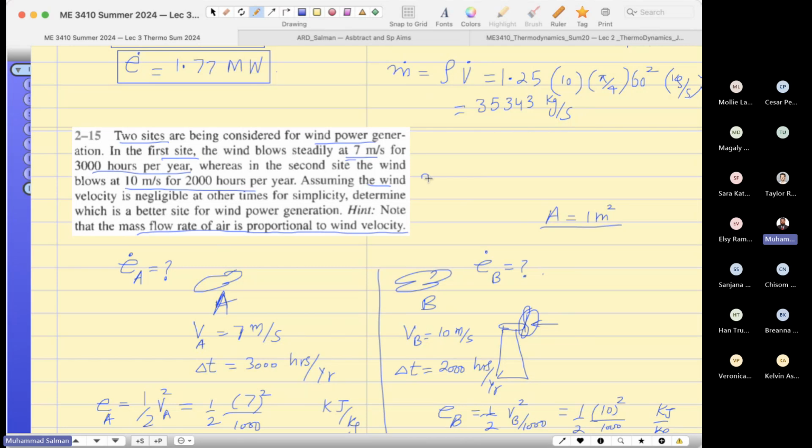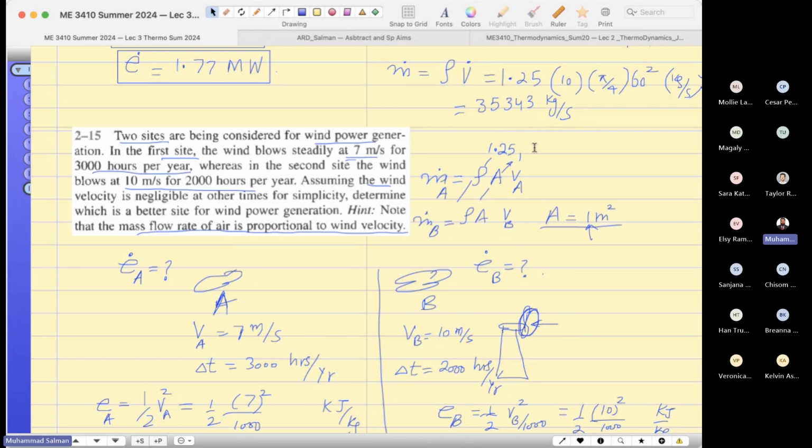So the mass flow rate equals rho A V. That is the formula. If the area is assumed to be 1, because the size will not change for this blade, and the density of air is 1.25, then the mass flow rate at location A will depend totally on the speed of that location, and the mass flow rate at location B will totally depend upon the speed of that location.